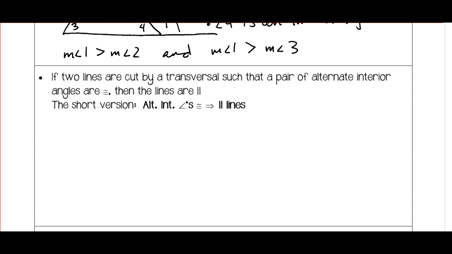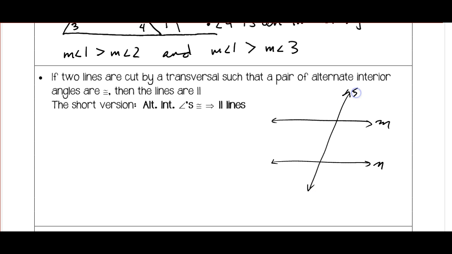If two lines are cut by a transversal such that a pair, any pair, of alternate interior angles are congruent, then the lines are parallel. So we've got two lines. We'll call them M and N. And we're going to cut them with a transversal.